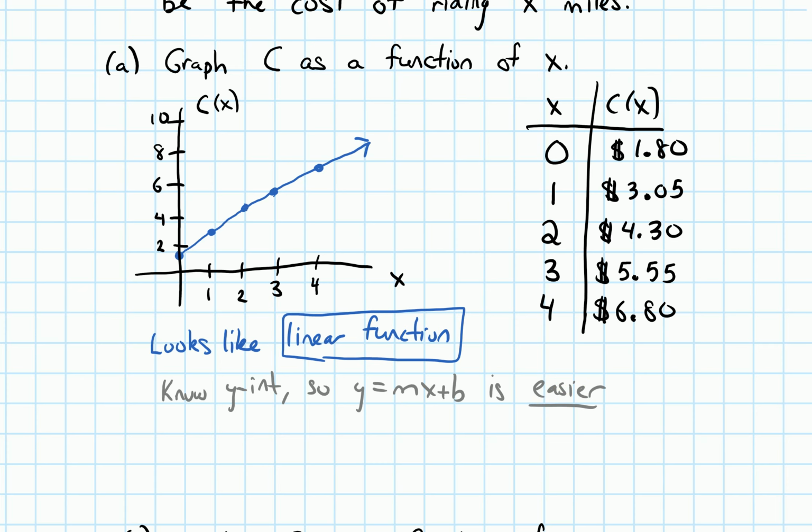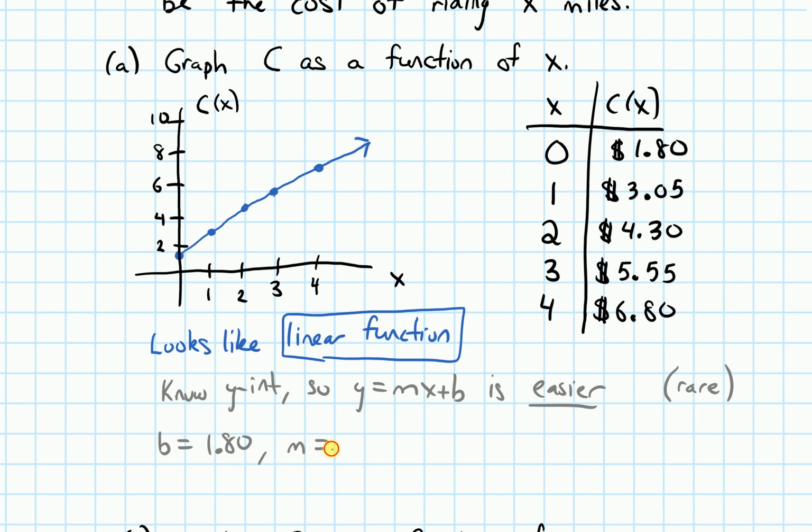In general that's rare. Usually point-slope form would be easier because typically we don't know the y-intercept. But here we do. So my y-intercept b is 1.80, or I could write just 1.8.